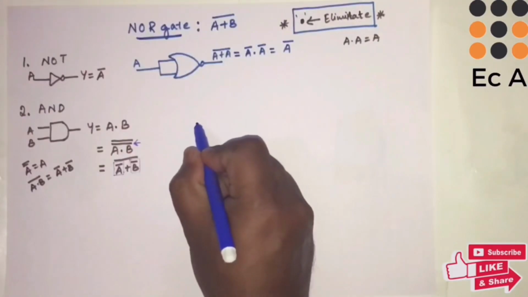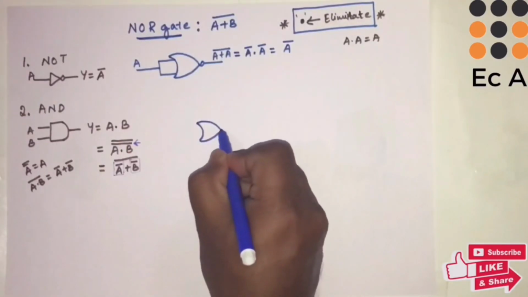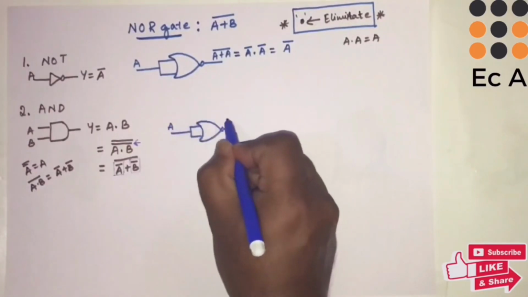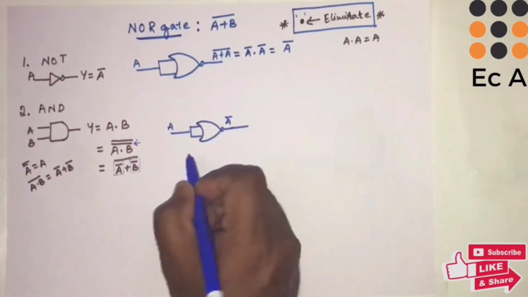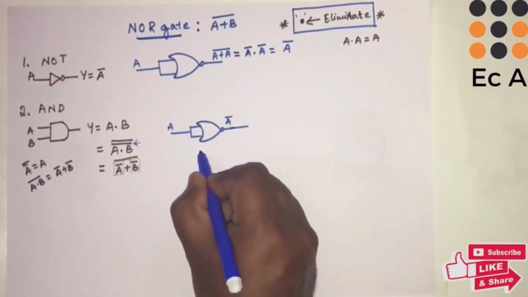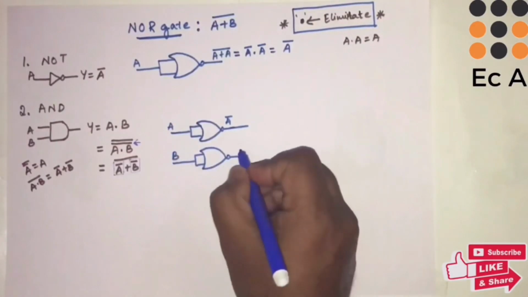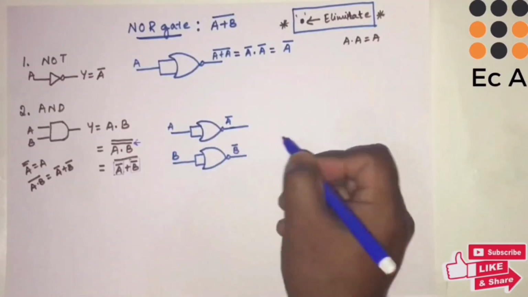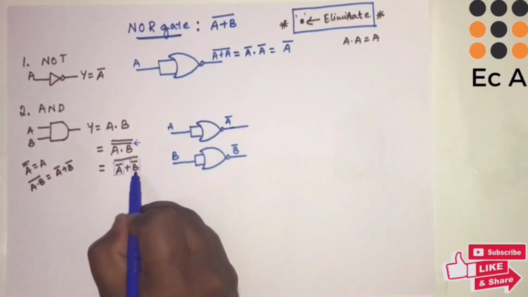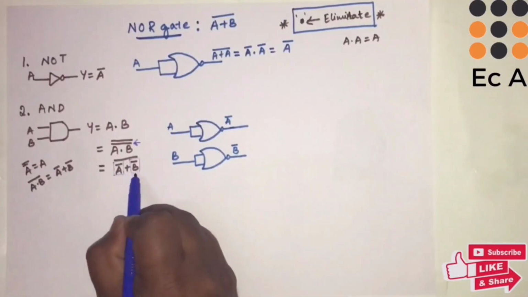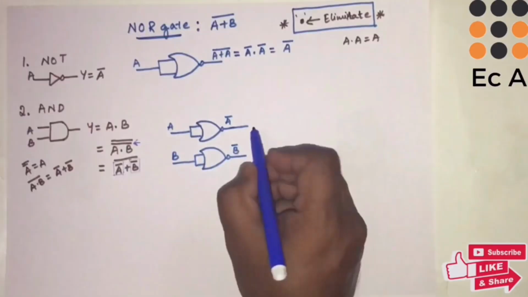So let us take a NOR gate and implement a NOT gate. So input is A, output will be A bar. We'll take one more NOT gate using NOR gate. We'll take B as input and output will be B bar. So we got A bar and B bar. So this is first term plus second term whole bar, that is one NOR operation.